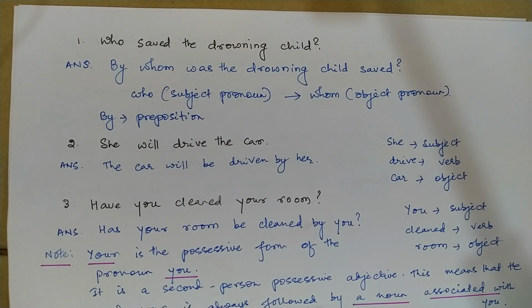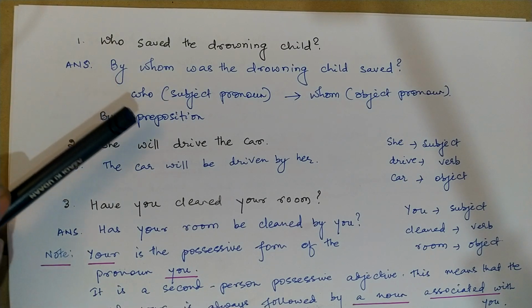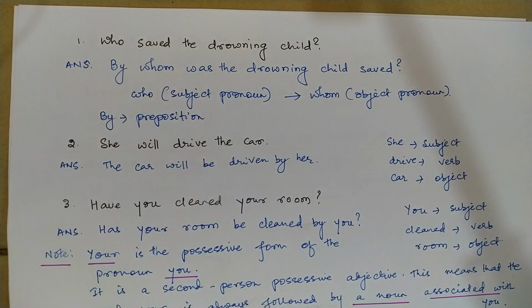Now the subject pronoun who becomes the object pronoun whom, and since this is an interrogative questioning sentence, who becomes whom. By has to be a preposition which is to be used to form the question word by whom. So by whom was the drowning child saved. Who, the subject pronoun, becomes whom, the object pronoun.